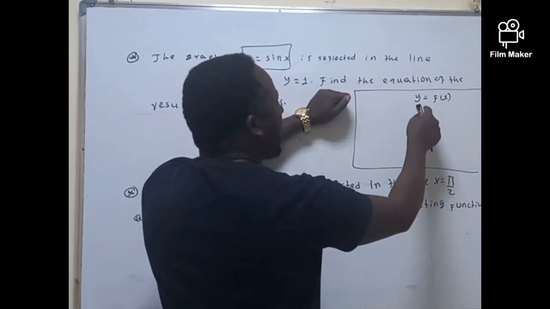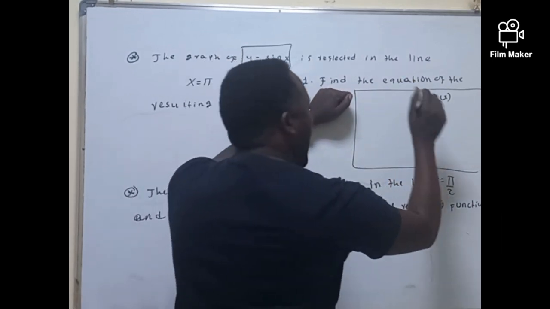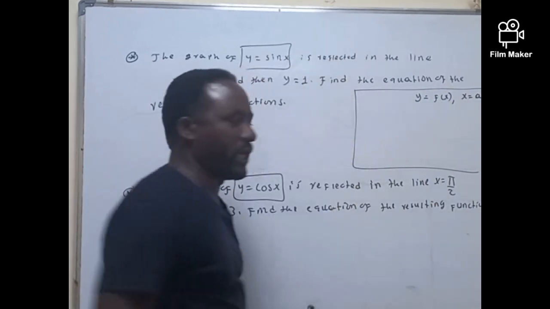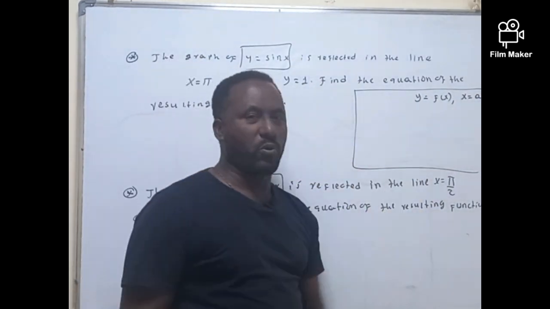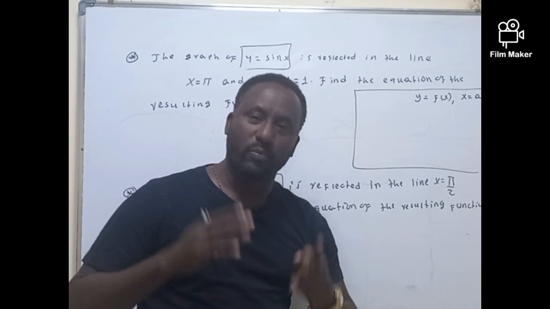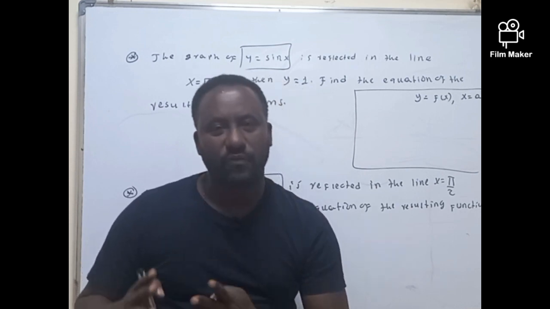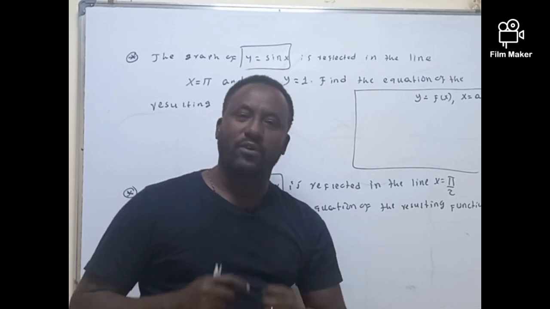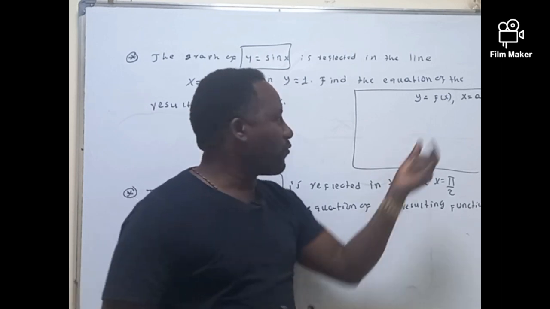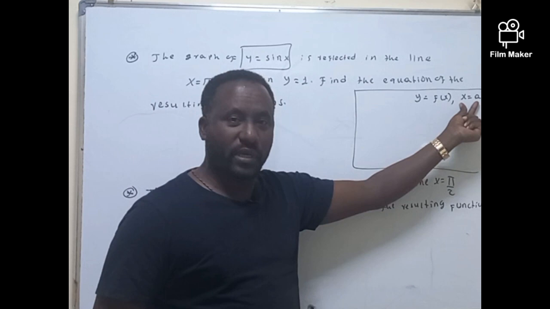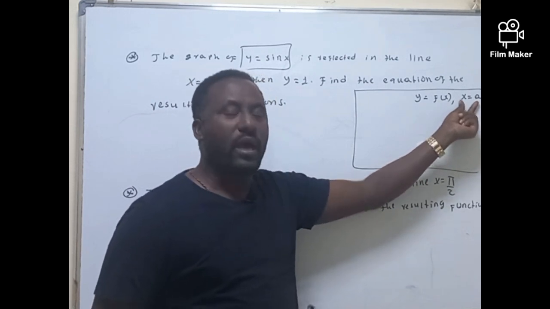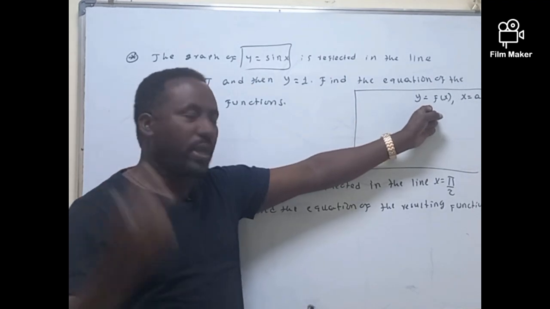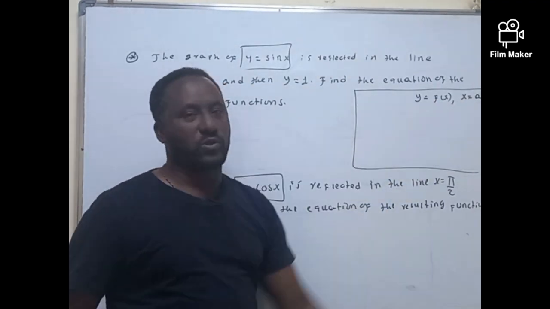What is the image of this when we reflect it along the line x is equal to a? Whatever the function f of x may be, and whatever the vertical reflection line may be, how are we going to find the image of this function after reflecting it along this line?